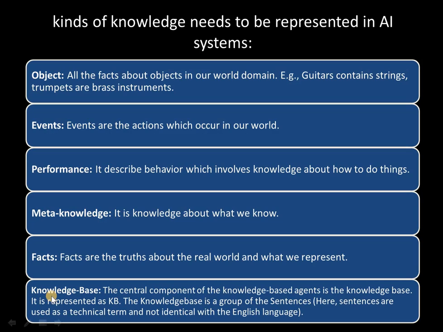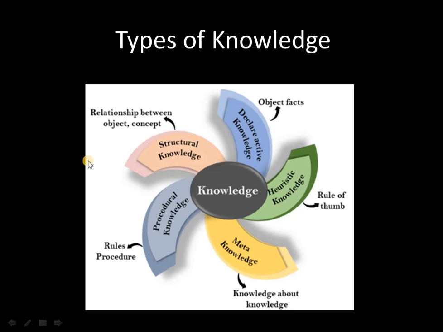In a database management system, what is the use of a database? We all know that. Likewise, in a knowledge representation system, the knowledge base acts as a storage. Now some other information about knowledge is the different types of knowledge: declarative knowledge, heuristic knowledge, meta knowledge, procedural knowledge, and structural knowledge.